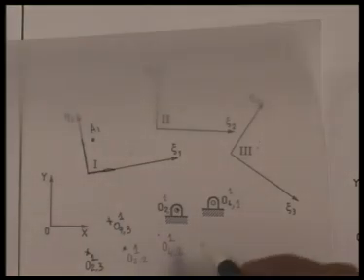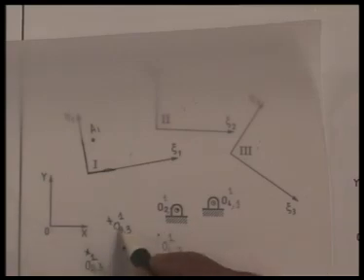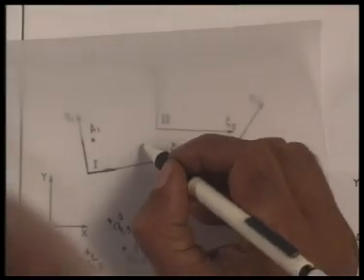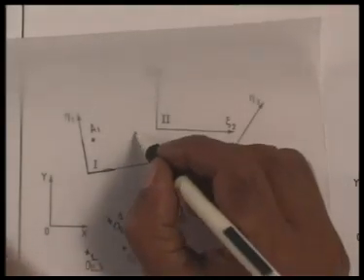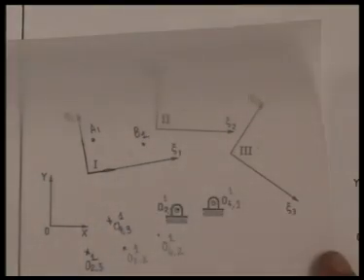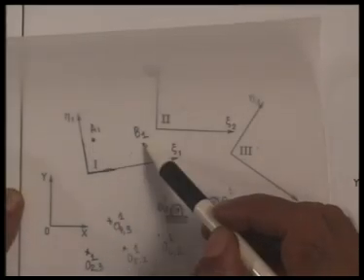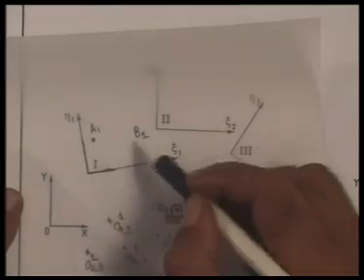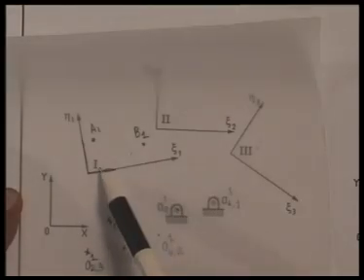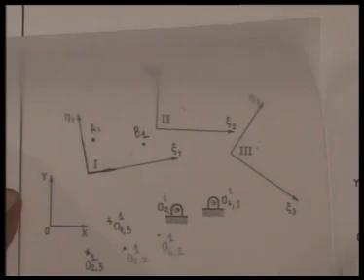Similarly, the center of the circle passing through O4,1,1, O4,2,1 and O4,3,1, the center of that circle will be, say, here, and that will be B1. So now we have located the required position of the moving hinges such that if O2, A1, B1, O4, these 4 are linked and moved, the coupler goes from position 1 to position 2 to position 3 with O2, O4 as the fixed pivots.